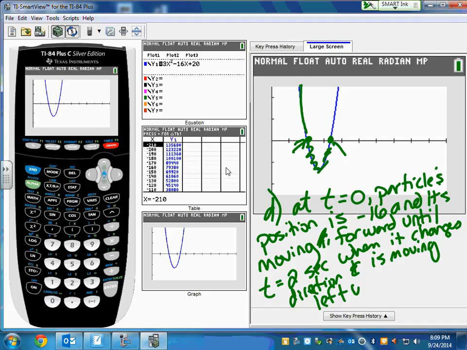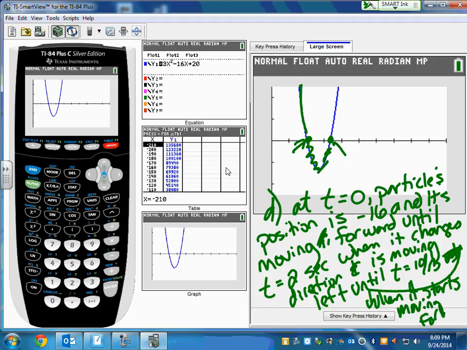So it's moving left until time equals 10 thirds seconds, when it starts moving forward again. Well, that's lovely. When it starts moving forward.